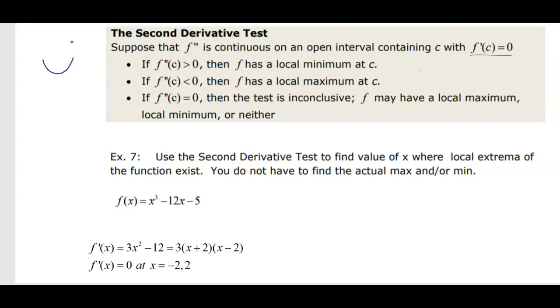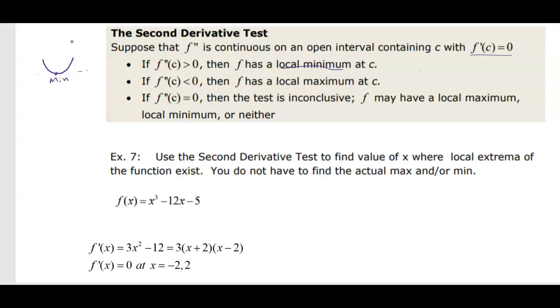And if you have this case where you are at a point where the first derivative is zero, so your tangent line is horizontal, and the second derivative is positive, it means the shape of the curve is like this, you must be at a bottom. So that's why a positive second derivative, meaning your function is concave up, shows you are at a minimum. I even sketch that when I do the second derivative test just to keep that in my mind.